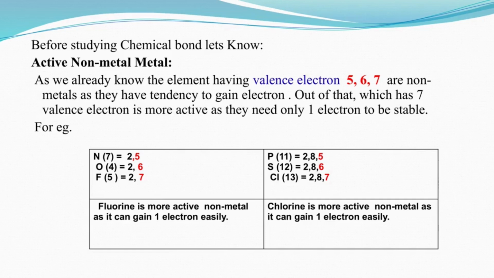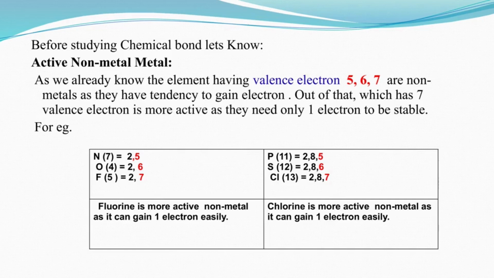Nitrogen requires 3 electrons to become stable. Oxygen requires 2 electrons to become stable. So in that case, which one is more active? The one which has to gain fewer electrons, that of fluorine.